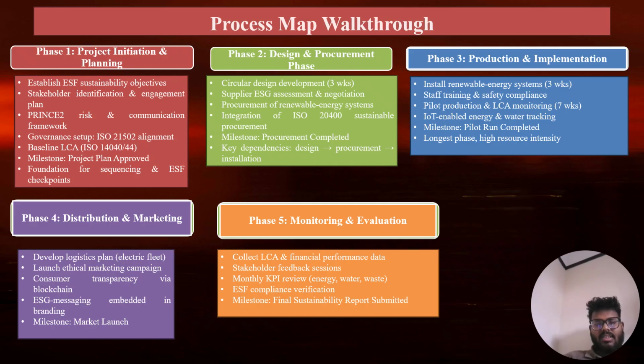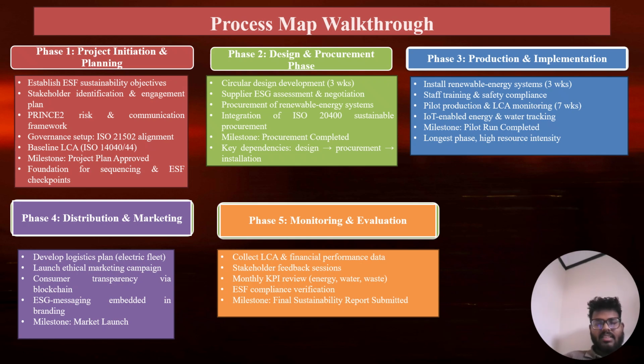Governance structures, including a sustainability steering committee and compliance check under ISO 21502, are then formalized. This phase concludes with the milestone project plan approved, forming the basis for all the work breakdown, scheduling, dependency, ESG checkpoints, and resource allocation in Microsoft Project.